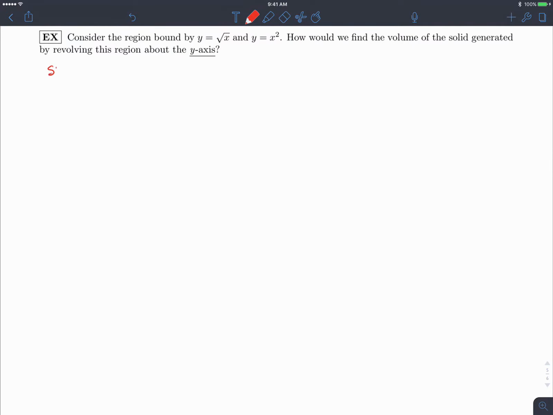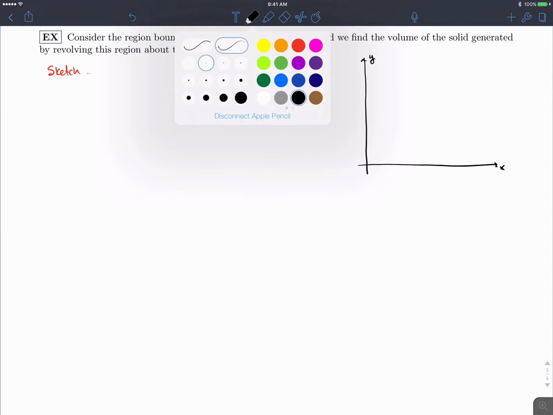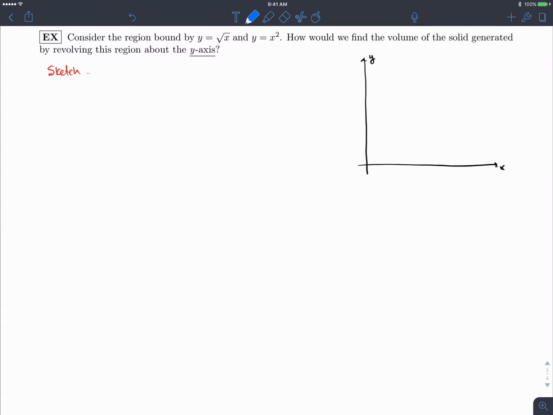So let's start with a sketch. So if we were to draw this out, we've got the region bound. So here's our y-axis, here's our x-axis. So we've got y equals the square root of x, so we'll draw that first.